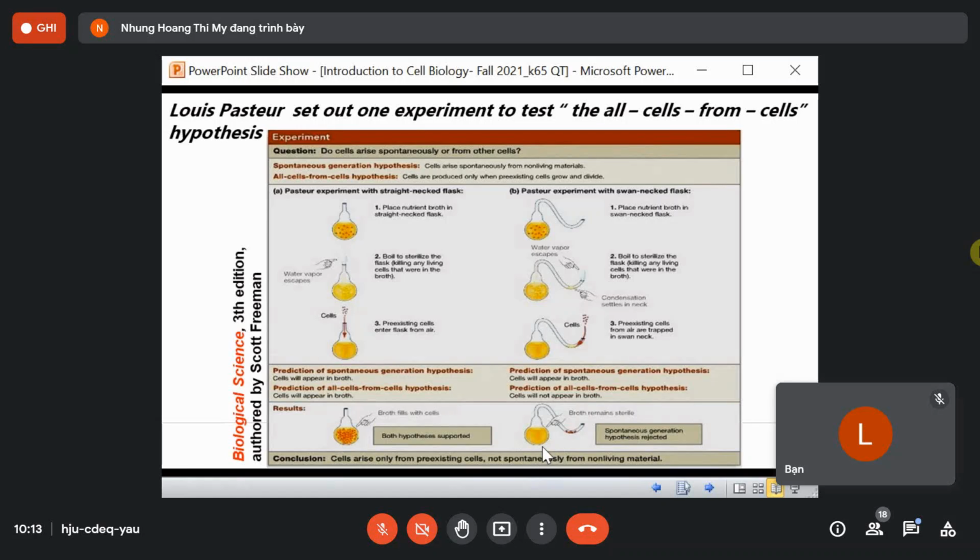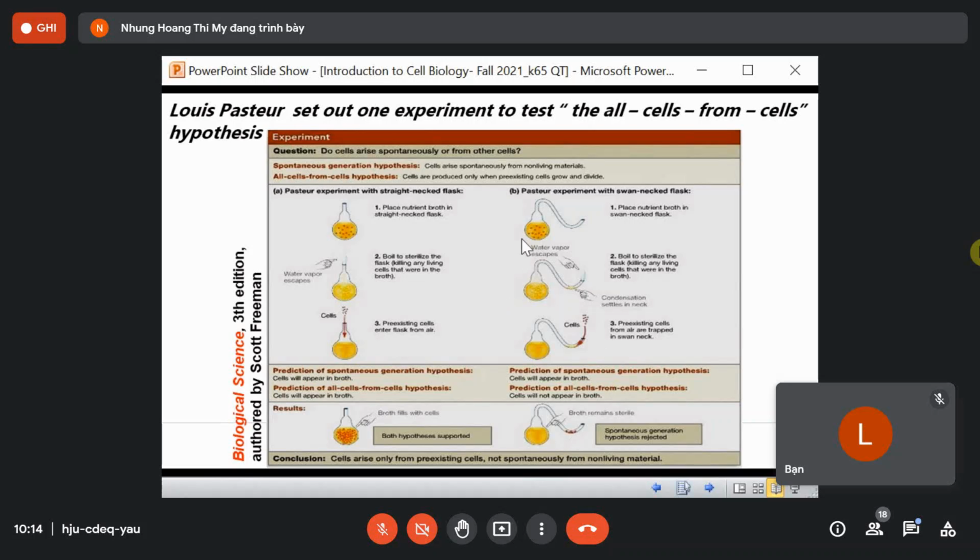Why was the cell not present here? The answer comes from the structure of the flask neck, because it is a swan neck flask. That means they make a curve in the neck part here, so it is like a trap in this part of the neck. It acts like a trap for the bacteria or microbes from the air.